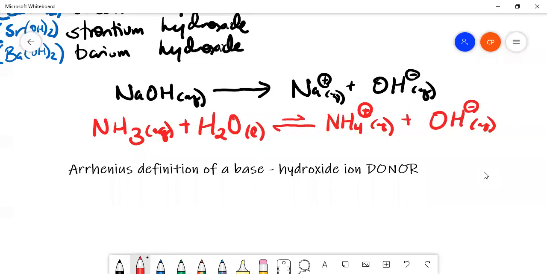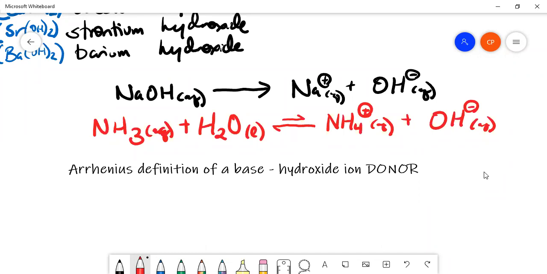And obviously the Arrhenius definition of a base explains all this fleet of hydroxides and the rationale behind all of these hydroxides having basic behavior. But it doesn't explain anything about why ammonia is a base.